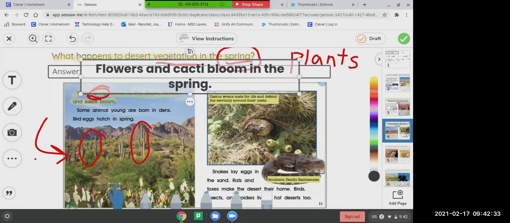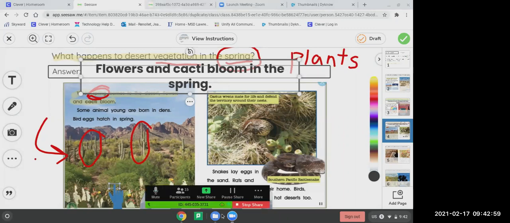If the question asks what happens in spring, you can say in spring in your answer. Flowers and cacti bloom in the spring. We have used text evidence to answer this question together. Check that you have your sentence recorded on slide number 4, please.